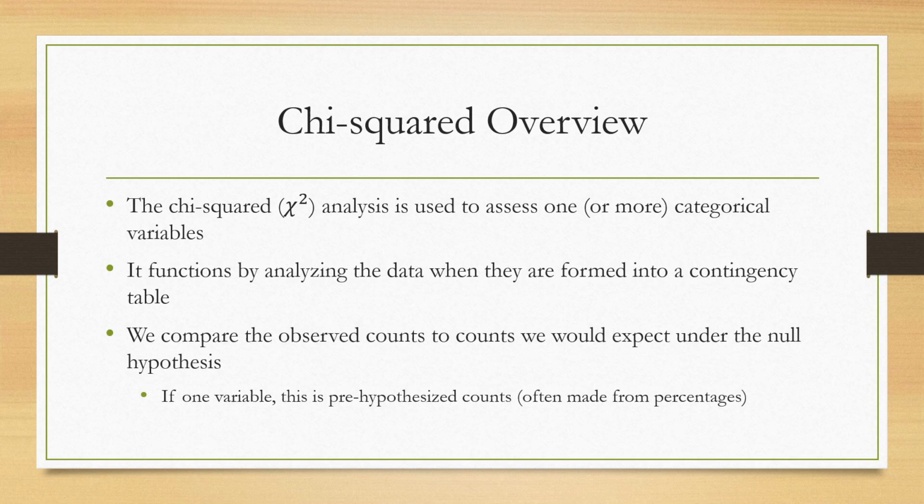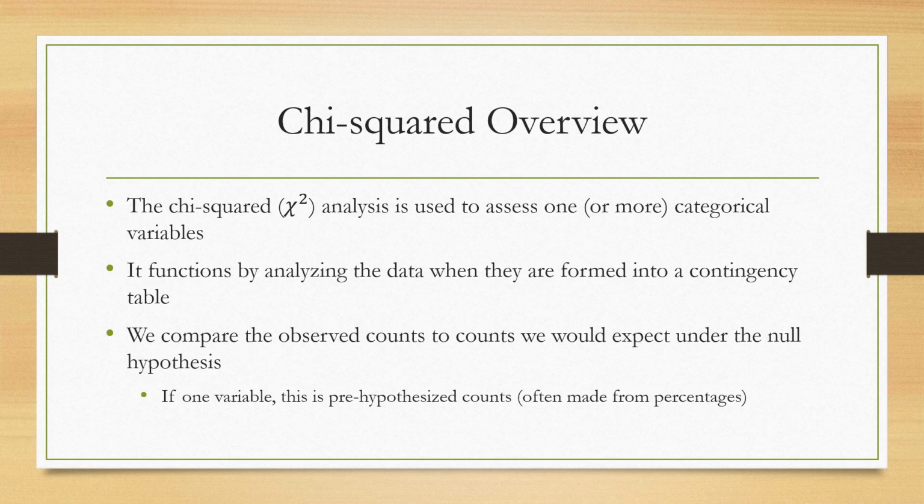Now, when we're working with a single categorical variable, and I'm talking about patient load in a couple of different categorical contexts, often what we compare to in our analysis is a pre-hypothesized count or a pre-hypothesized percentage. So in this case, I'm saying all of them are the same, or hey, maybe there's a regional standard as to the percentages of patient load from each of these different wings of our hospital, our hypothetical hospital with three kind of weird wings.